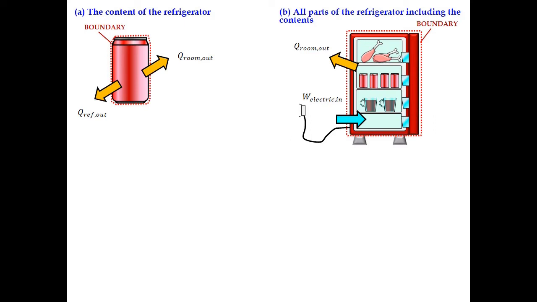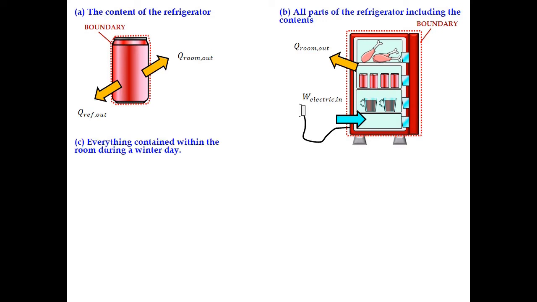So the only energy transfers involved for this case, due to the different boundary selection, are Q out to the room, and also W in due to the electrical work. Okay, so that is the difference in terms of energy involvement when we choose a different boundary.